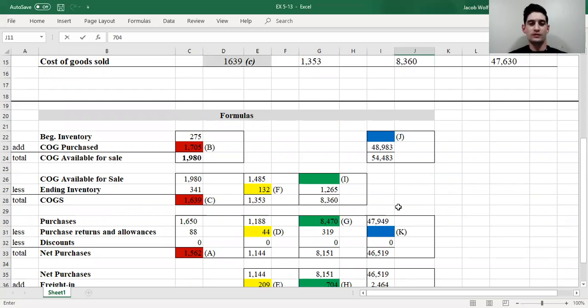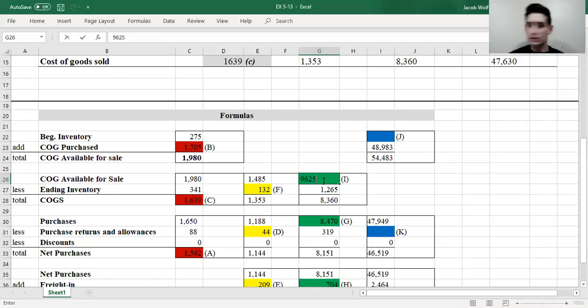So if we take cost of goods sold, which we were given, that's 8,360 minus, because we'll add that. Sorry, I get it confused sometimes. 8,360, so I'll actually be adding the 1,265, and that gets us 9,625.